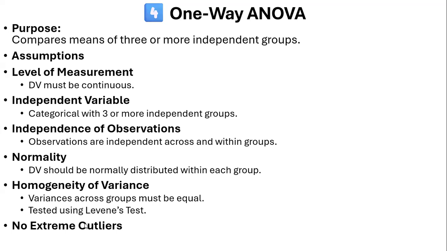And that is why it's important to go through the gatekeepers who can give you access to the correct respondents for your study. And of course, normality must be adhered to, homogeneity of the variance, and there should also be no extreme outliers.